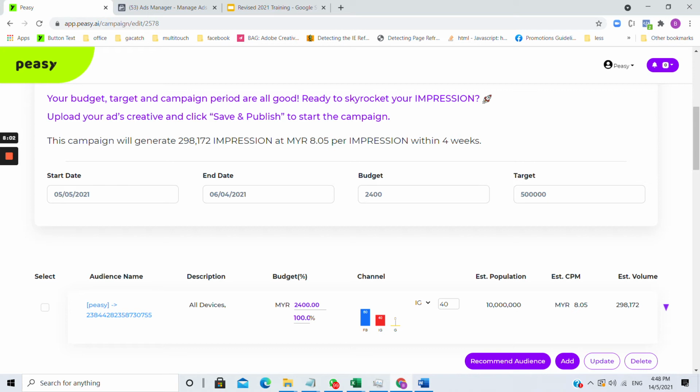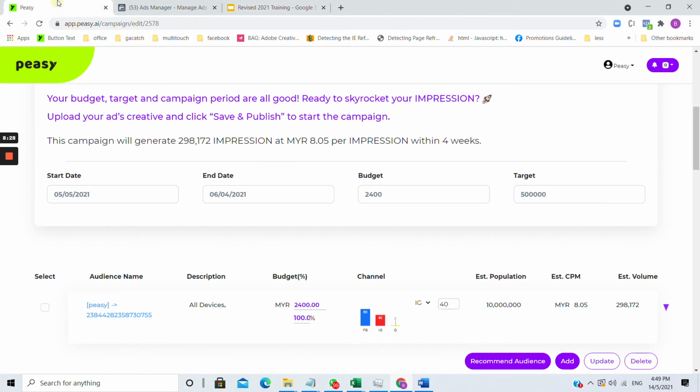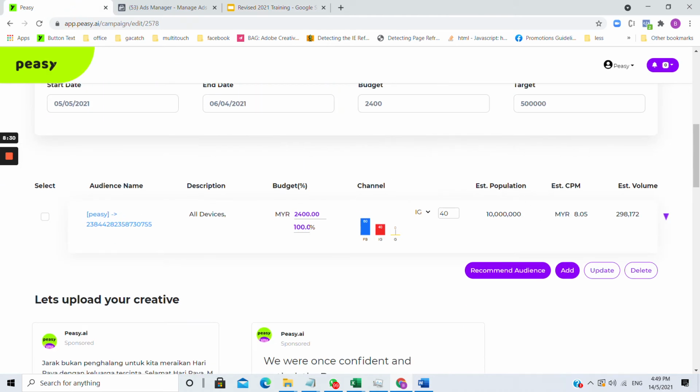It can make those changes faster than an average human can, because our AI is directly connected to Facebook, Google, and Instagram, and is receiving updates every iota of a second. Based on this data, it is ever ready to make the necessary move because it has already predicted several scenarios. So in addition to channel optimization, Peasy also optimizes the bid.